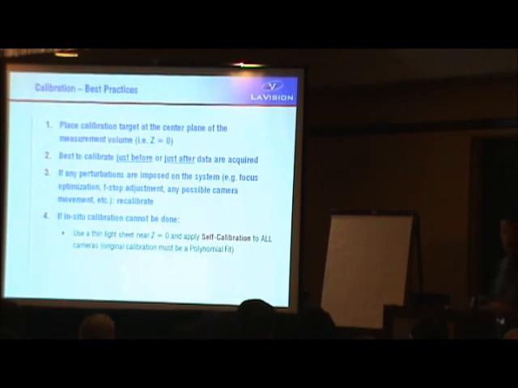Okay? And this does work. One thing that doesn't work is moving your cameras after you calibrate. That's an absolute no-no unless you have a really, really rigid structure to move everything together.